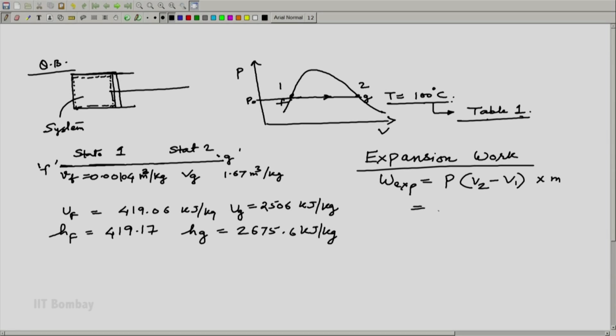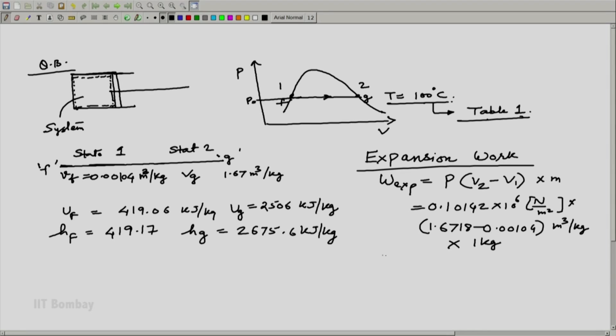If we write those values, the pressure is 0.1 MPa, which is 0.10142 into 10 to the power 6 Newton per meter square, into vg minus vf, that is 1.6718 minus 0.00104 meter cube per kg, into 1 kg.